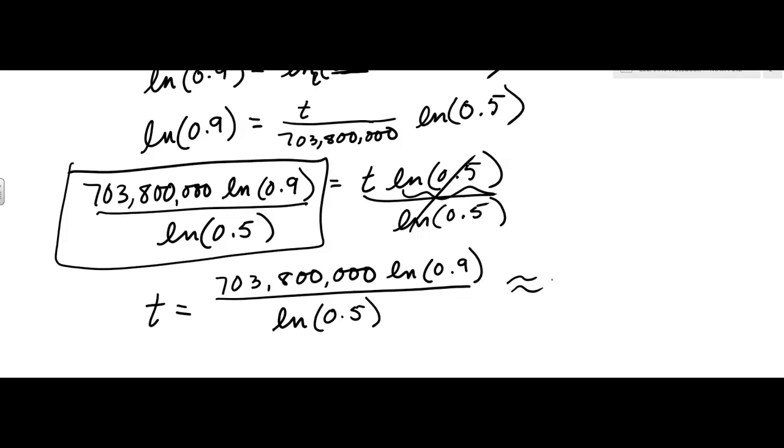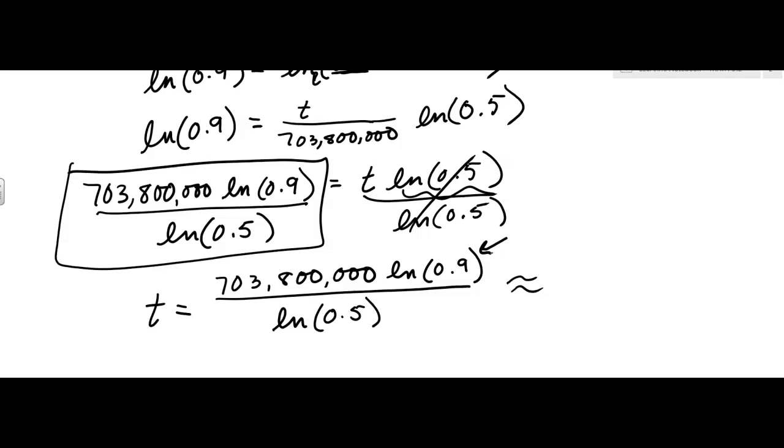So let me grab my calculator and clear it out. 703,800,000, and then natural log. Remember, it opens the parenthesis, 0.9. Make sure you close that parenthesis right there. That's really important. Divided by natural log 0.5. Close that off.